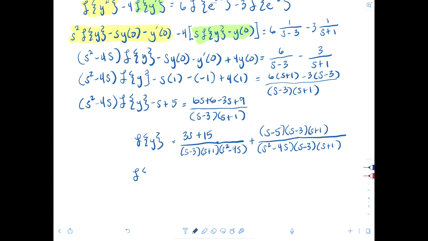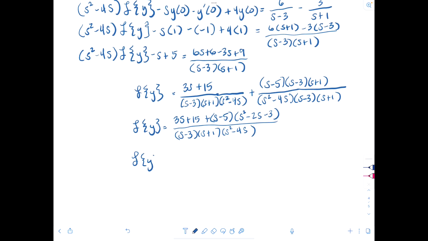So we will have L at y is equal to 3s plus 15 plus s minus 5 times s squared minus 2s minus 3 all over s minus 3 times s plus 1 times s squared minus 4s.